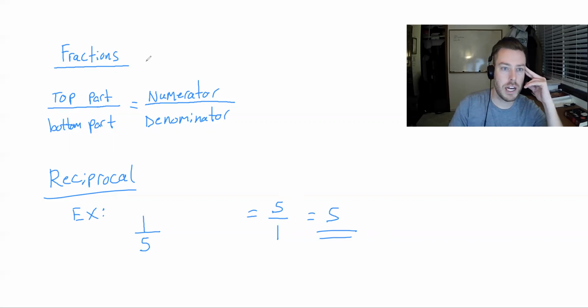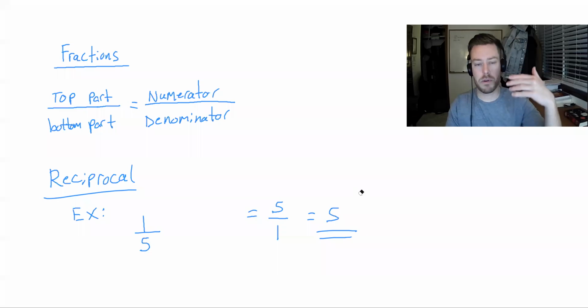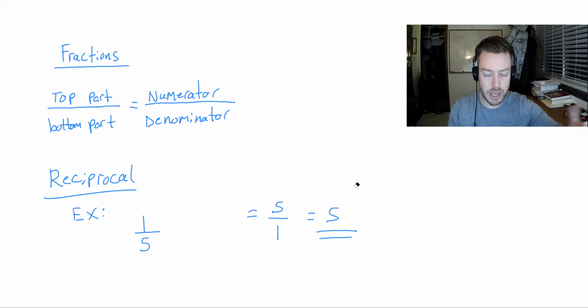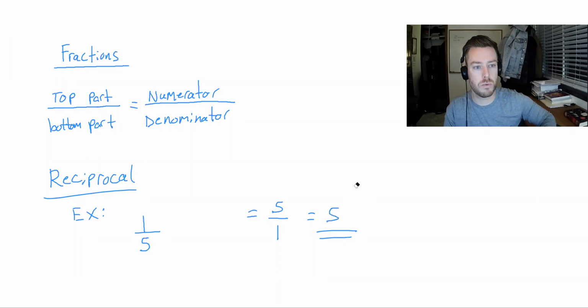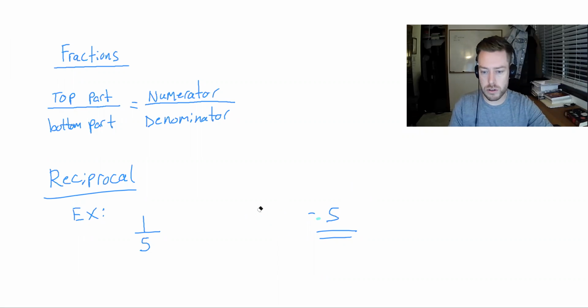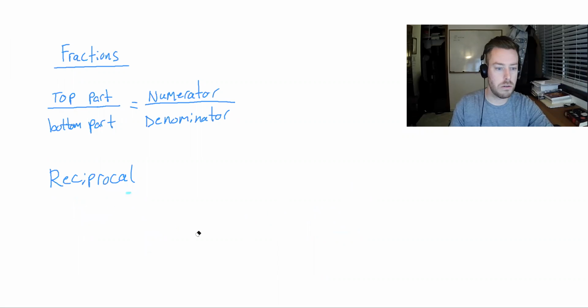So there's that. Now that we know about the numerator, denominator, and the reciprocal of fractions, which is just flipping it, we need to learn the four operations: addition, subtraction, multiplication, and division with fractions. And this is where people really get tripped up. Typically students in middle school and high school always have an issue with this part, all right?